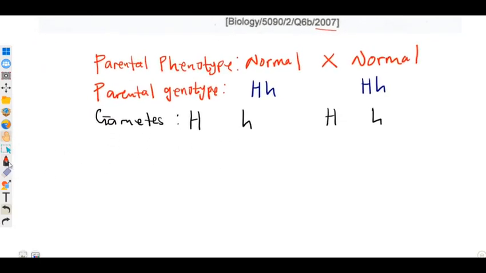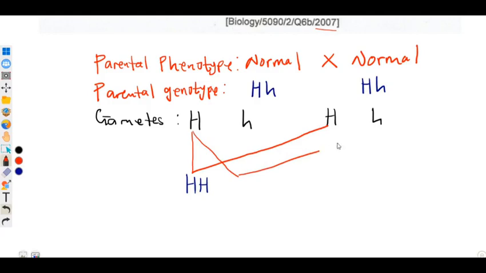So I hope you are following. We will cross this with this, and we are going to have capital letter H with another capital letter H. Then we will cross this with this, and you are going to have capital letter H and small letter h.